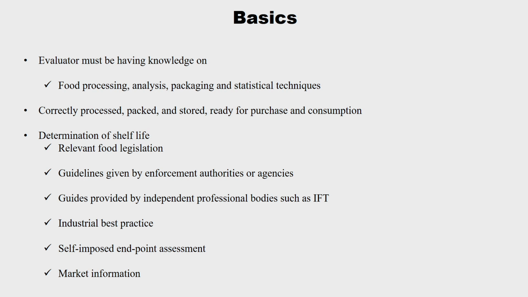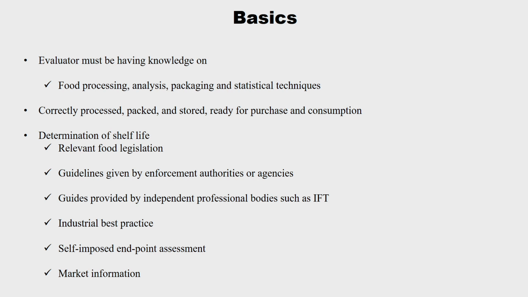One is relevant food legislation and guidance given by the enforcement authorities or agencies. This we have discussed many times, what the GMPs are and what the different food regulation agencies are, and what different criteria have been suggested by the different food processing agencies.